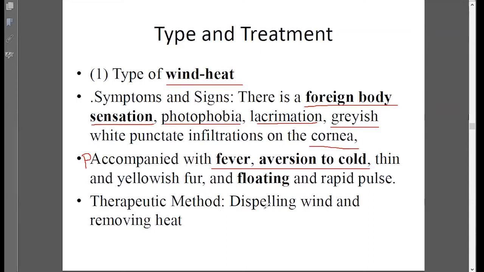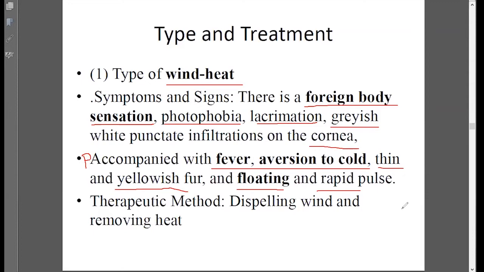Floating, rapid pulse. Floating pulse is EPI, rapid pulse is heat. And we're still talking about after 2 days. You can see some thin and yellow tongue coating there. And other symptoms possible.